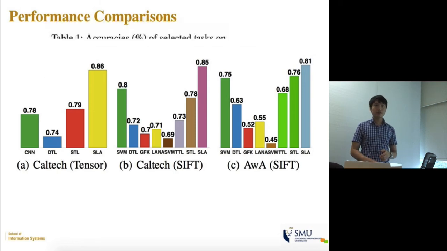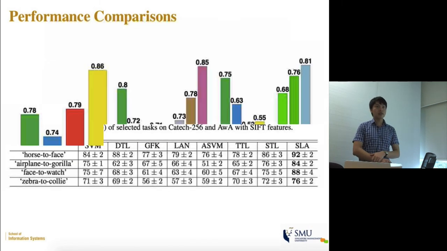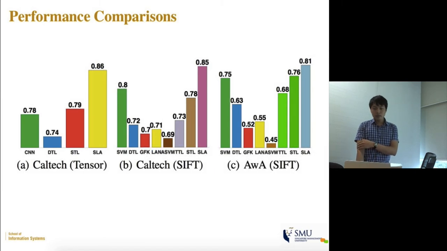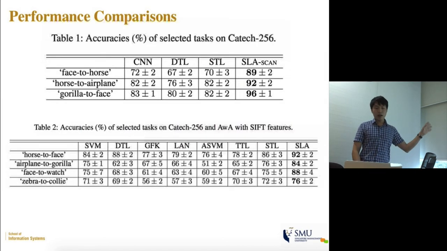So this is the average of pairs. This is the average of pairs, yes. This table has specific results that they extract for some example tasks. Pretty much you can predict that we have better performance of the proposed model.